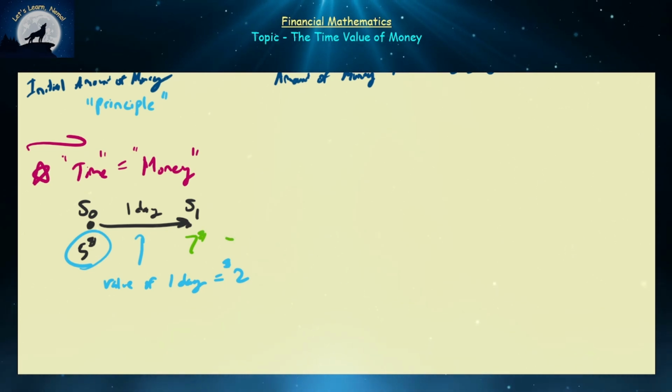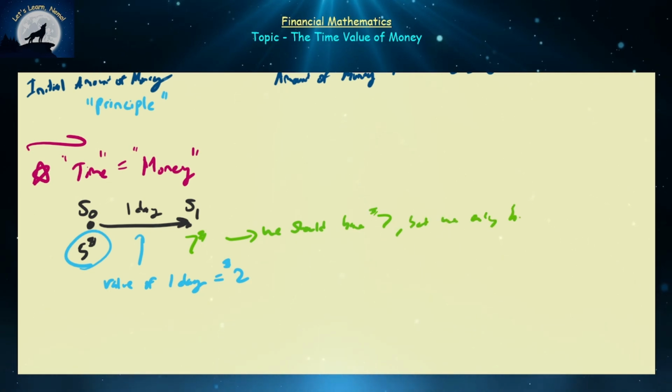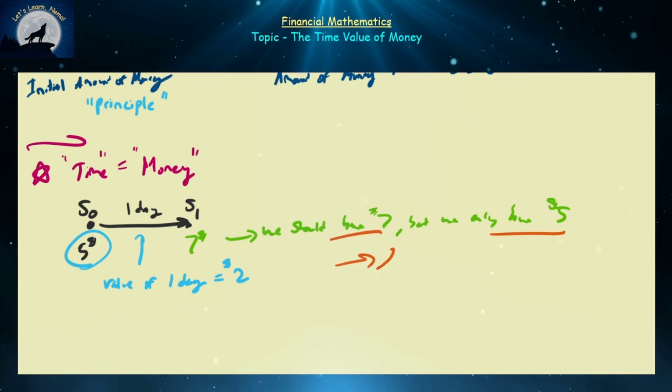So we should have $7 because we started with 5. 1 day has passed, so we should have made $2 over the course of that day, but we only have $5. So where did that $2 go? I don't know, maybe you bought a coffee or something like that. So since we should have 7, but we only have 5, that means we lost money from this perspective, right?